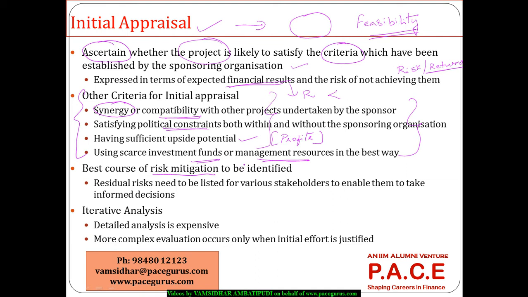All those risks would be identified and the appropriate courses of action will be taken. Whatever risks are still remaining after taking all the necessary mitigation plans are called the residual risks. So we list out all these residual risks after enough care has been taken to reduce the impact of the various risks.